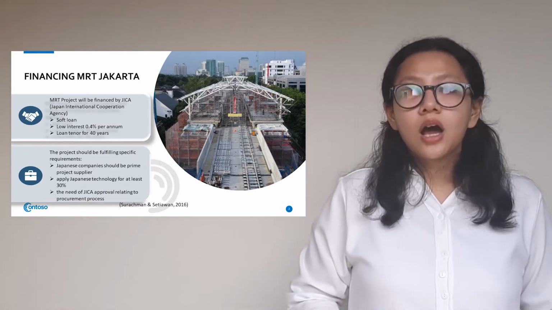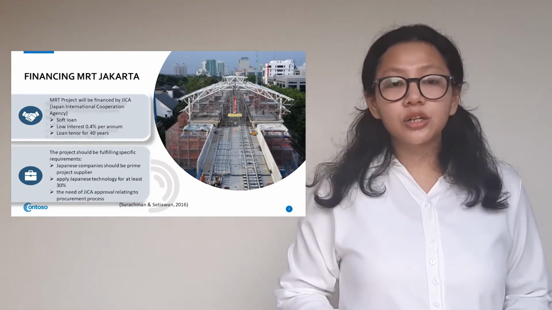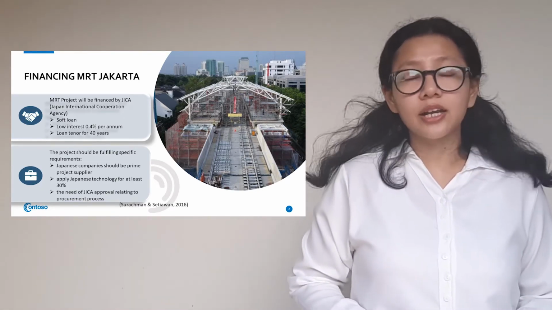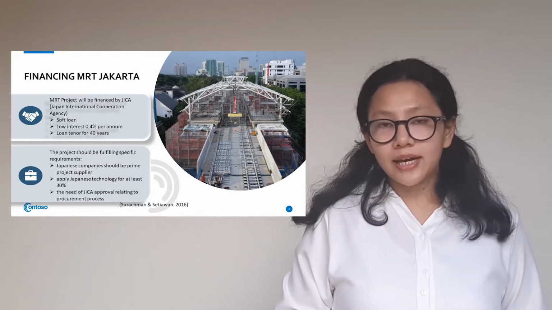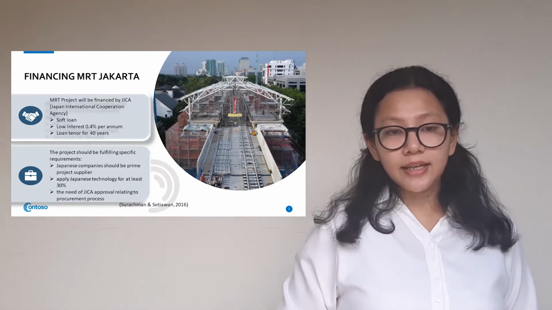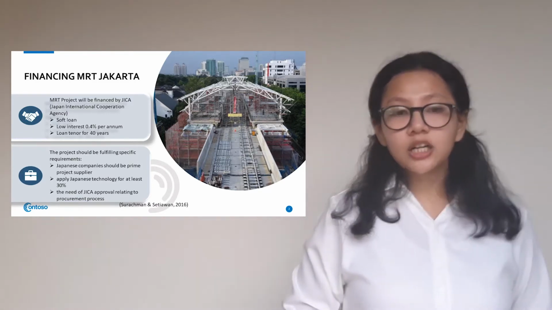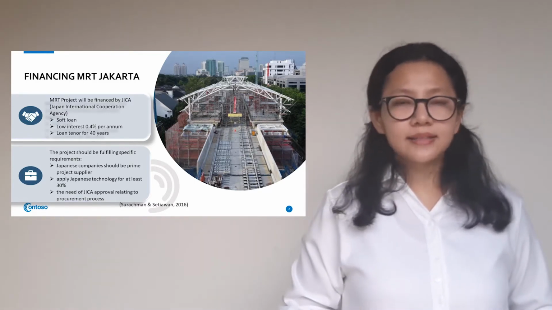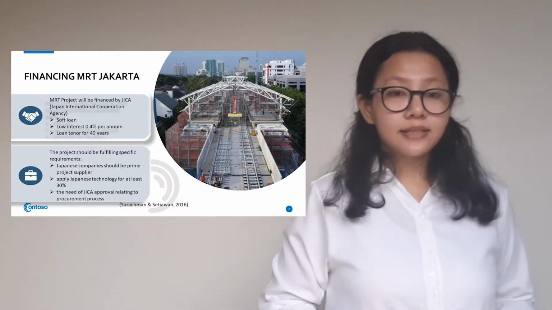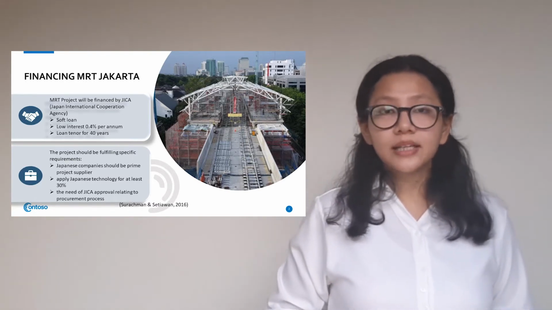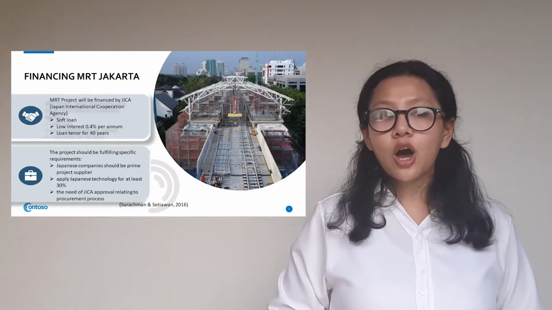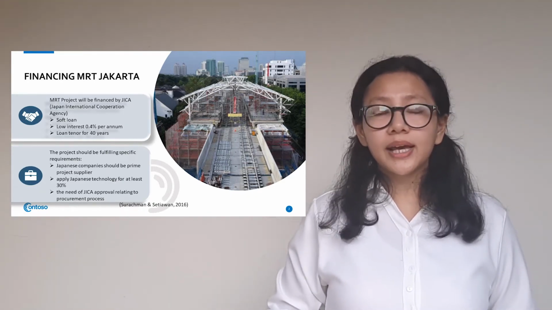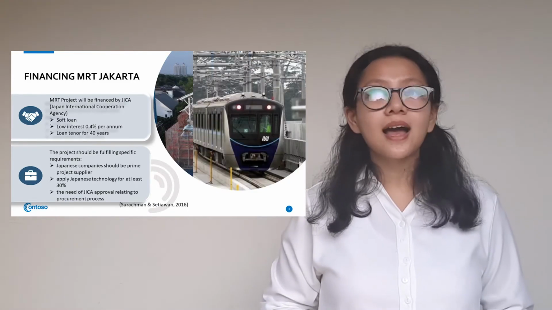However, the MRT project should fulfill specific requirements provided by JICA, such as the national eligibility of the prime project supplier, which should be from Japanese companies, and the project itself should apply Japanese technologies for up to 30%, as well as the need of JICA approval relating to the procurement process.